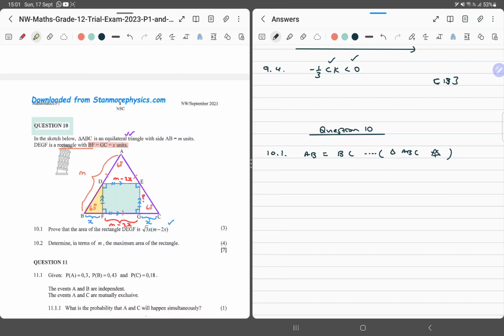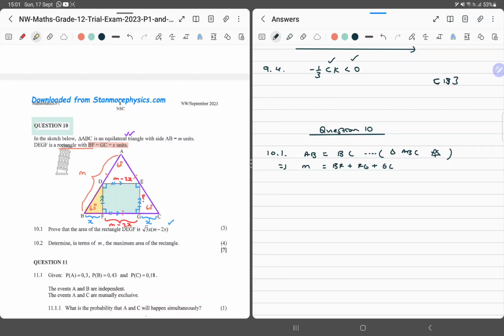Okay, so what are we looking for? We're looking for BC. So we know that this is M, because AB was given to us as M, but now BC is made of BF plus FG plus GC.